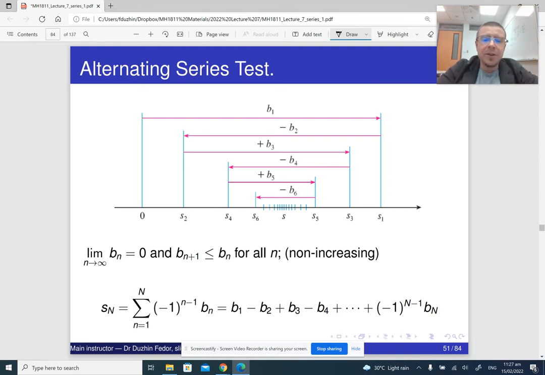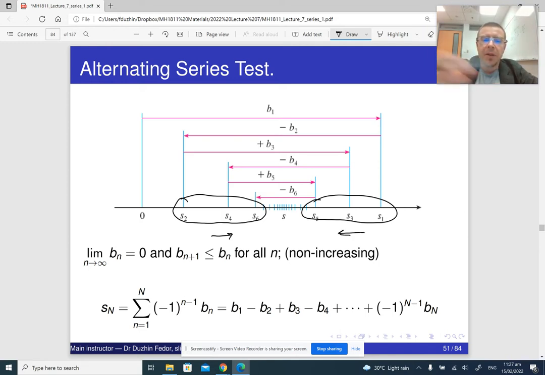The key to prove it is to try some specific alternating series and to plot its partial sums. And if you do this, you will see that even numbered partial sums increase, while odd numbered partial sums decrease, right? So here they increase, and these are decreasing.